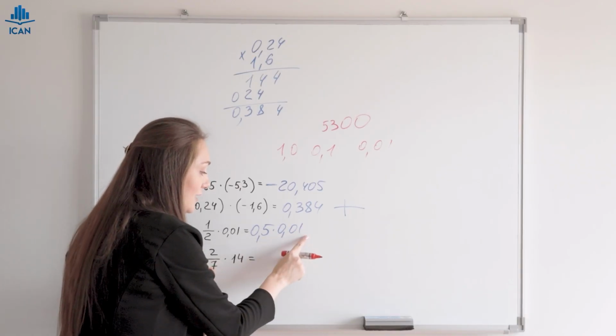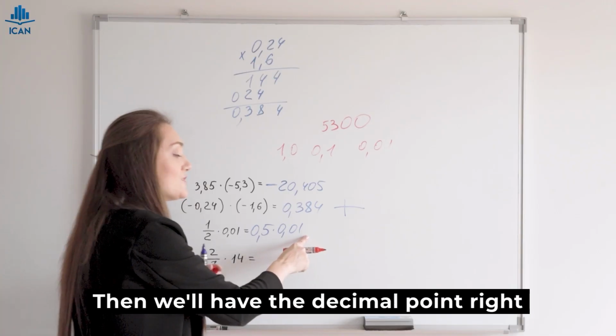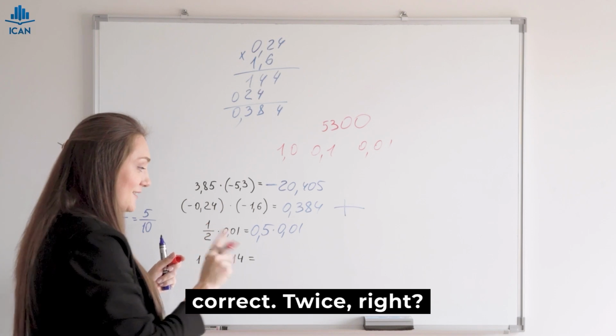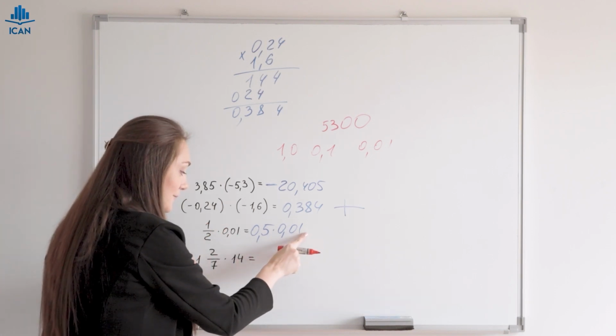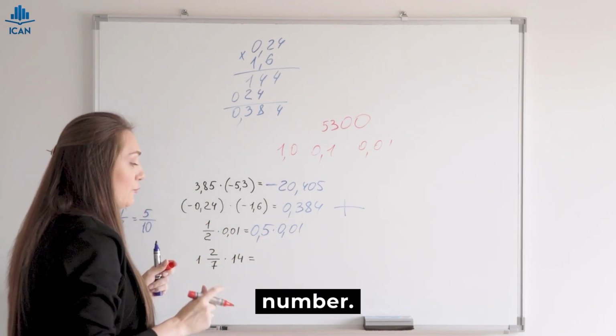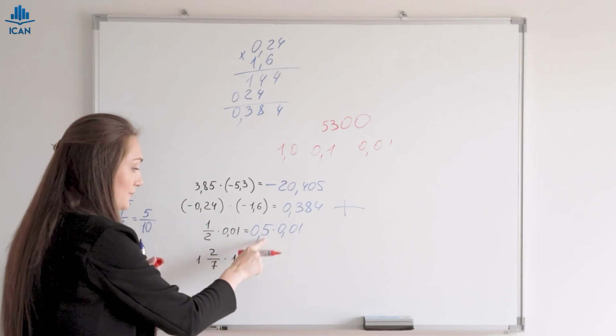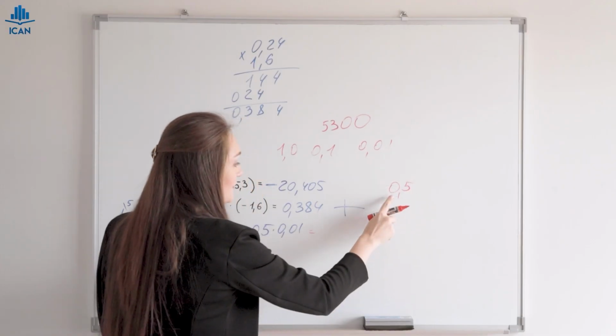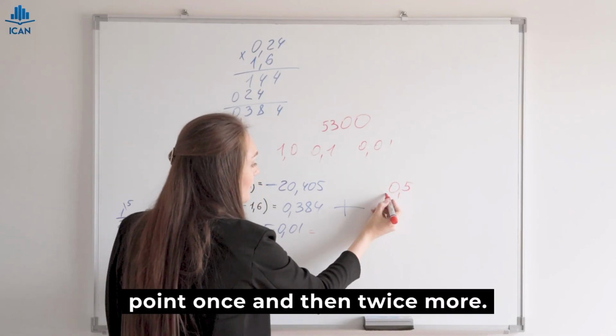Once and twice. Then we'll have the decimal point right after the 1. So that's correct. Twice, right? Once and twice. So we need to reduce this number. Let's say 0.5. We move the decimal point once and then twice more.